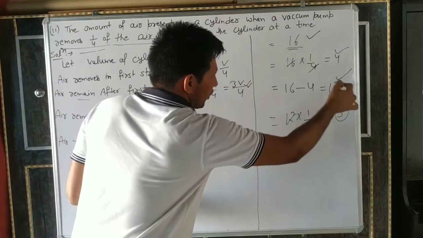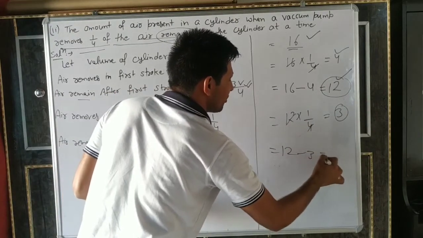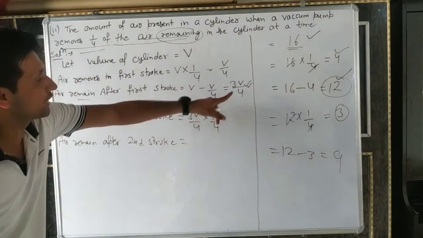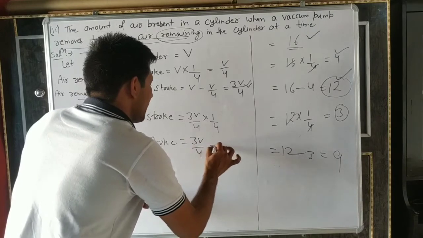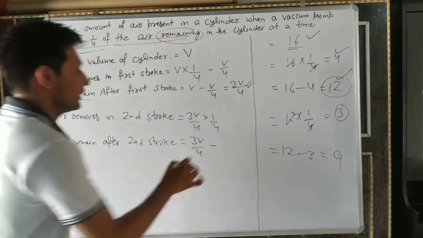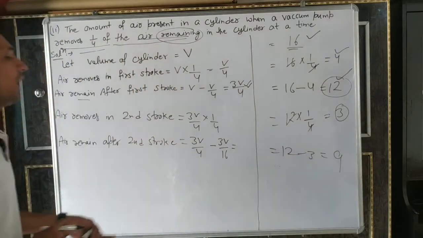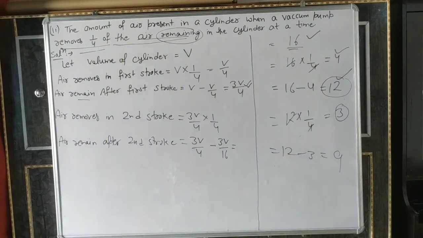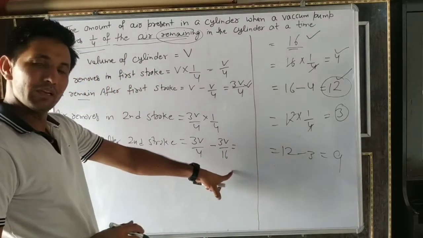How much remains? The total is now 12, and how much is removed? 12 minus 3. How much remains? 9. The total already removed, remaining 3V/4. How much? We subtract 3V divided by 16. Understand here? 16 is the LCM, so you solve by LCM.